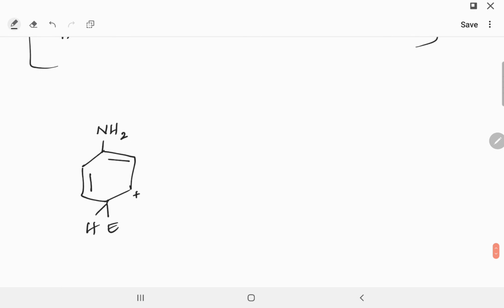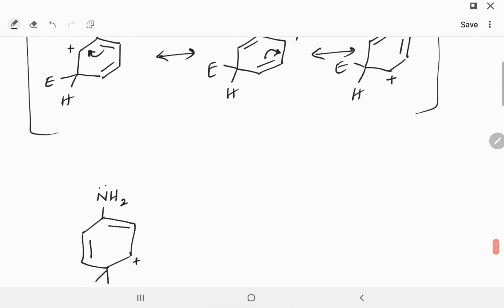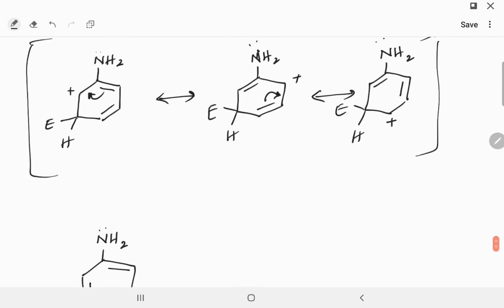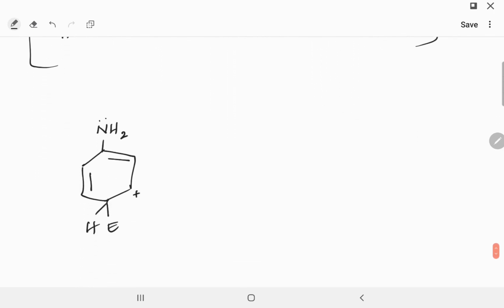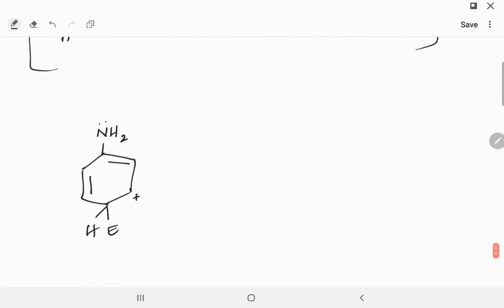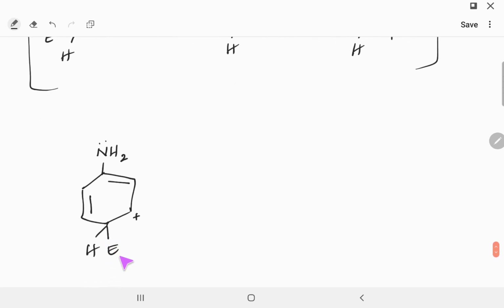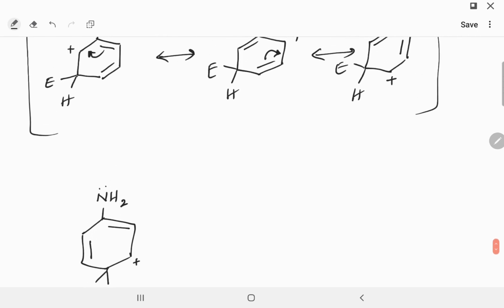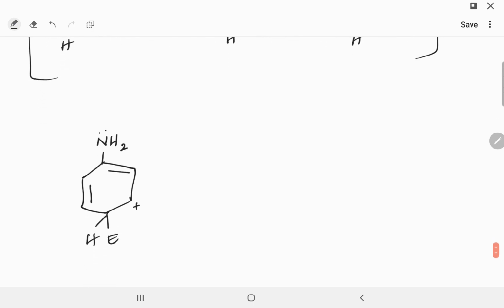It is very similar to the previous structure, but the only difference is now your positive charge has moved by 1 carbon. Let's see if you could do this one. In here the electrophile or E group is in para position, in the previous one it is on meta position. Those are things that you will learn later on. But let's see if you could draw resonance structures to this molecule.